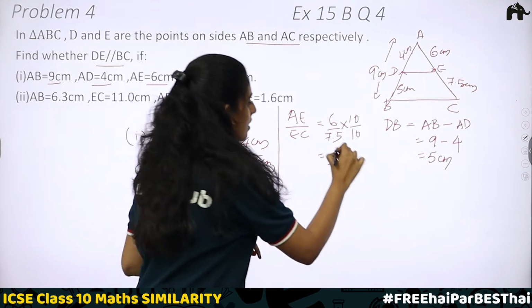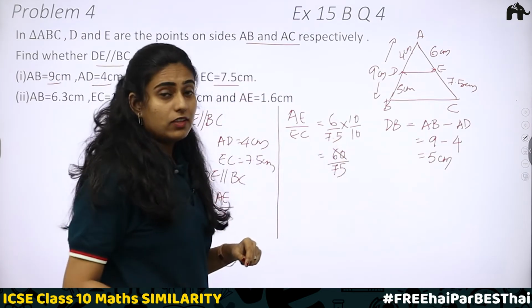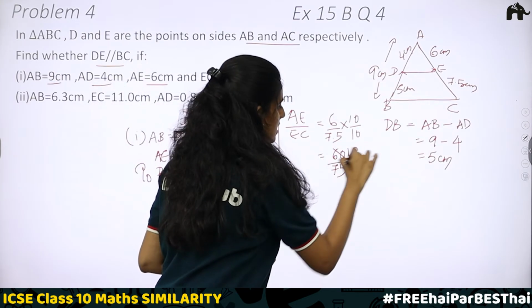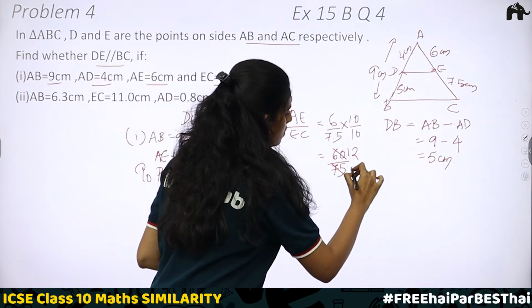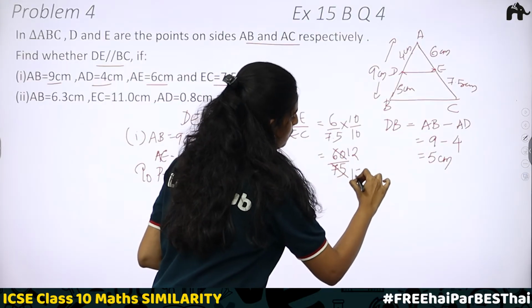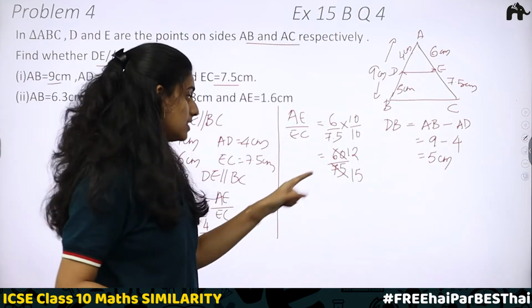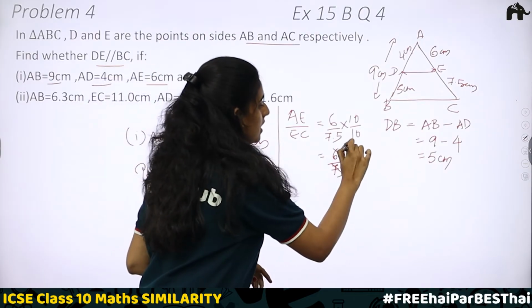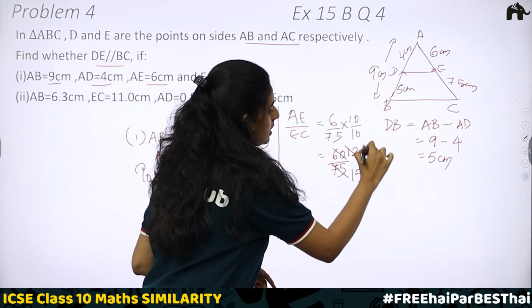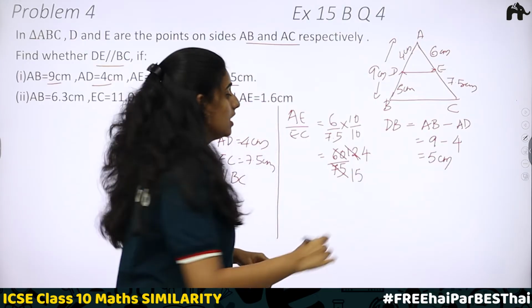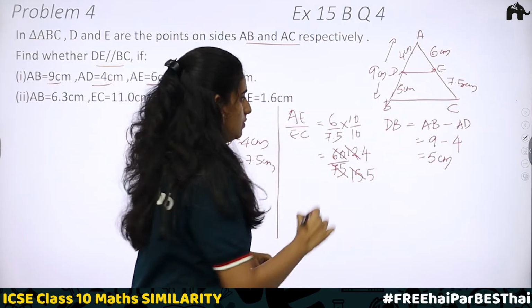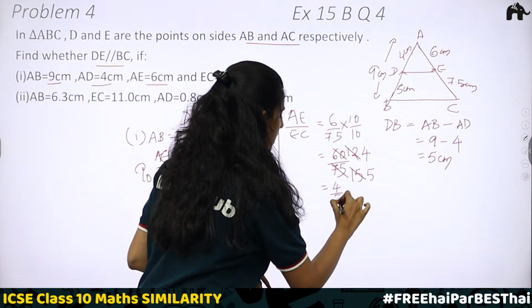Okay. 5 into 12 is 60. 5 into 15 is 75. Again, 3 into 4 is 12. 3 into 5 is 15, which means the ratio is 4 by 5.